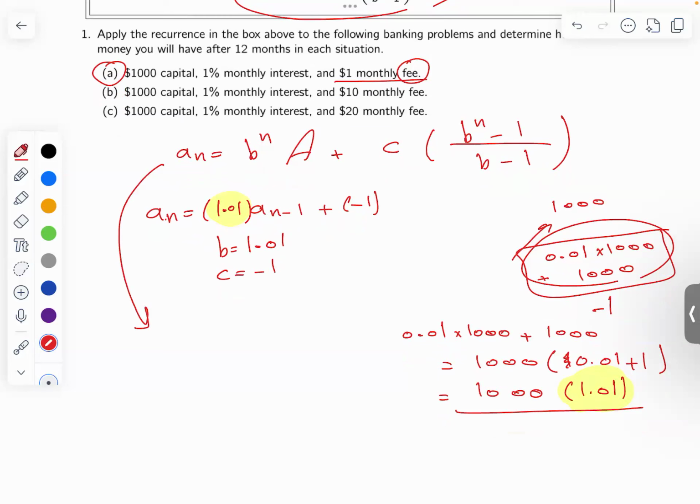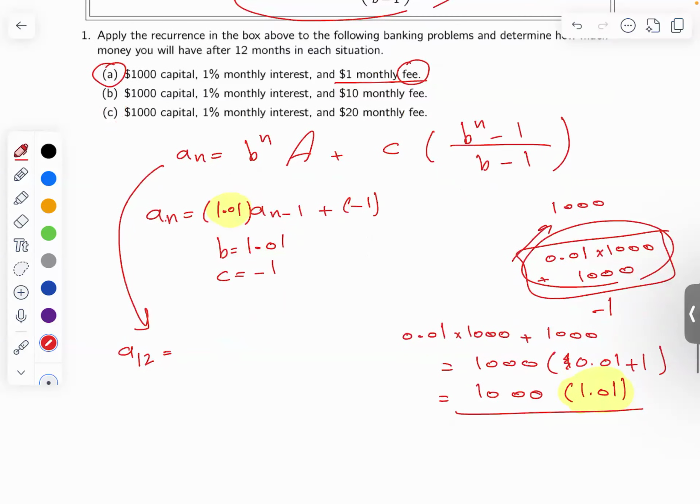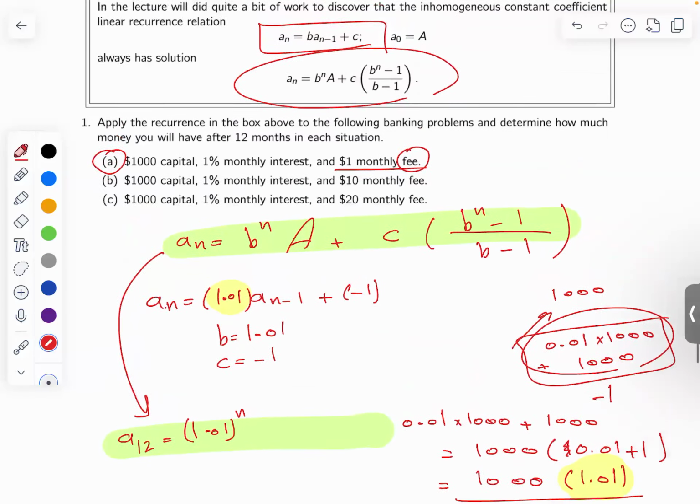After 12 months, A12 is equal to, what's A?